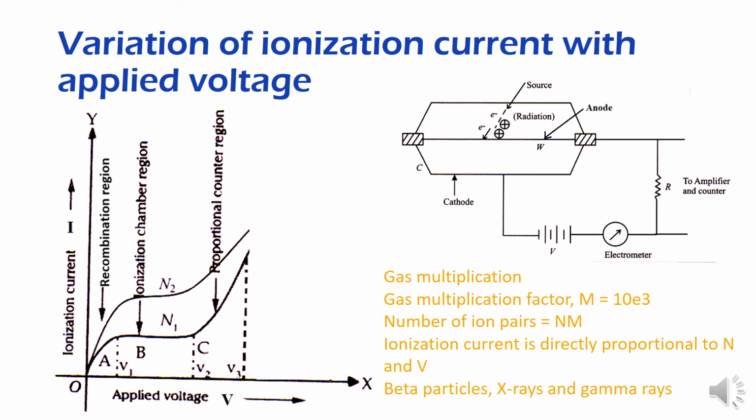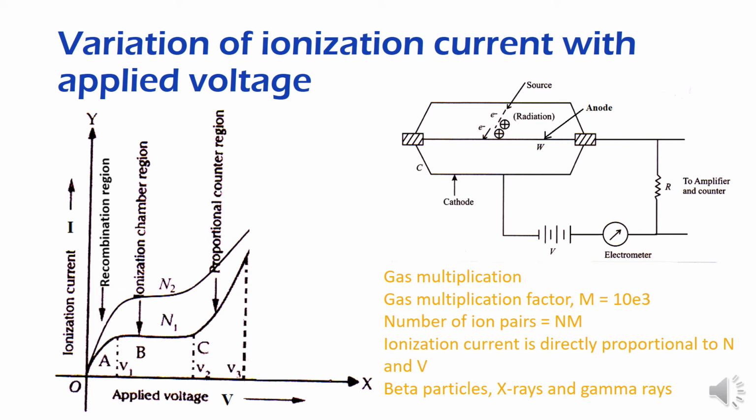Between V2 and V3, you are going to have a proportional relationship, and this particular voltage region is called as proportional counter region. In this region, gas multiplication takes place because of simultaneous happening of primary and secondary ionization, and in this region the gas multiplication factor is 10 to the power of 3.